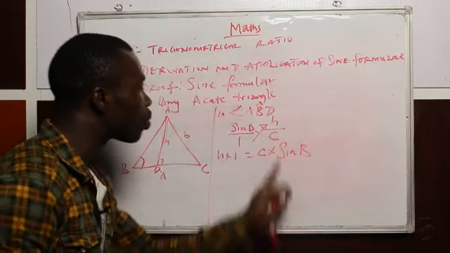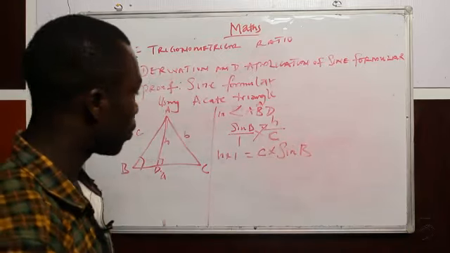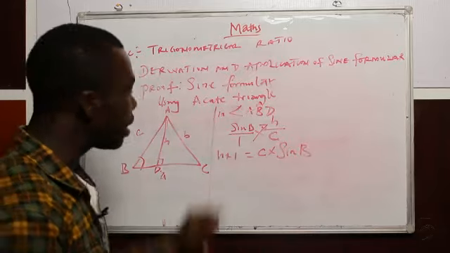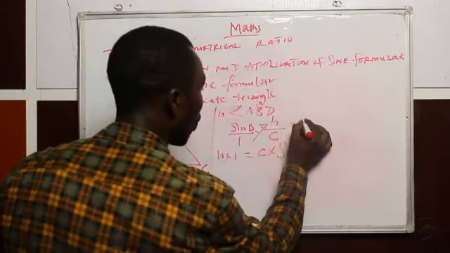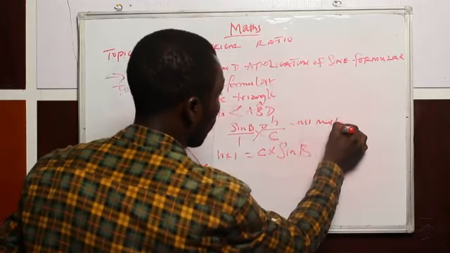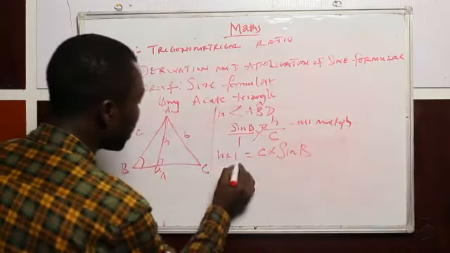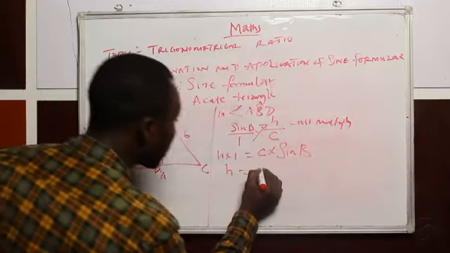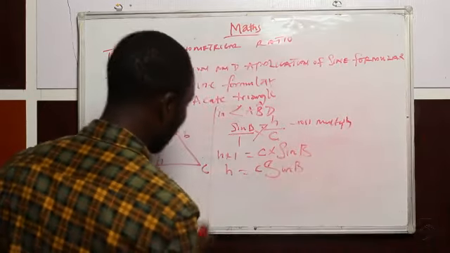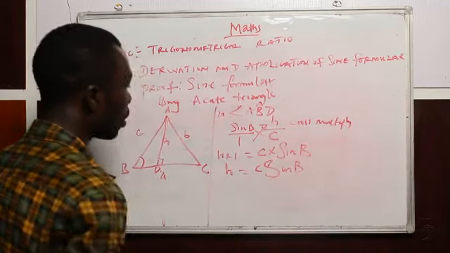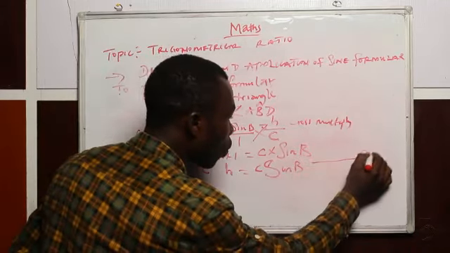Because of uniformity, make this 1 over 1 and cross multiply. h times 1 gives us h, which equals c sine B. That is equation 1.